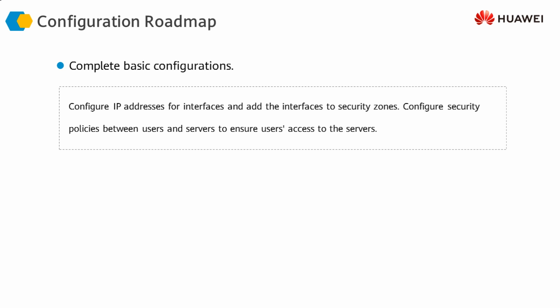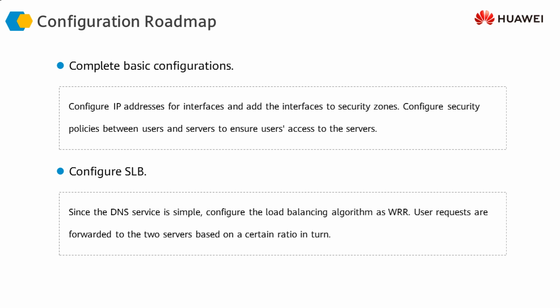For example, configuring the IP addresses, adding the interfaces to the security zones, and configuring security policies for forwarding traffic between the security zones. Then we are going to do the SLB related configuration, and because it's DNS, a simple service, we use the simple weighted round robin load balancing mechanism.